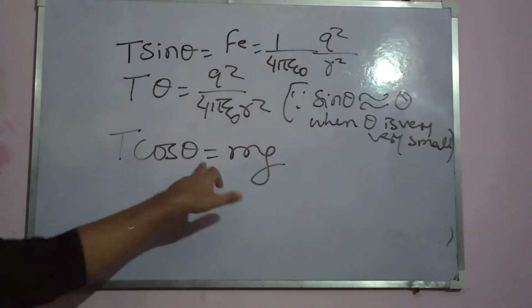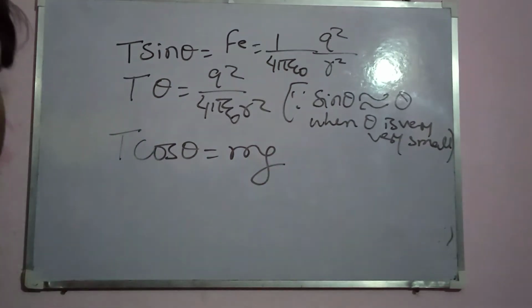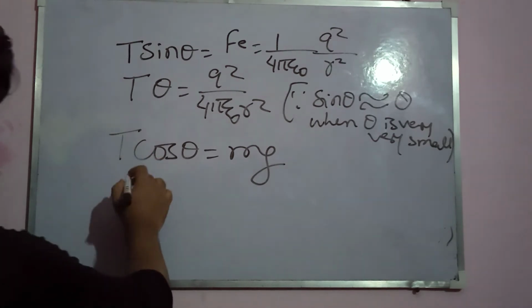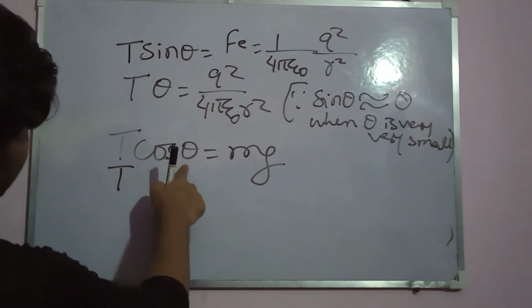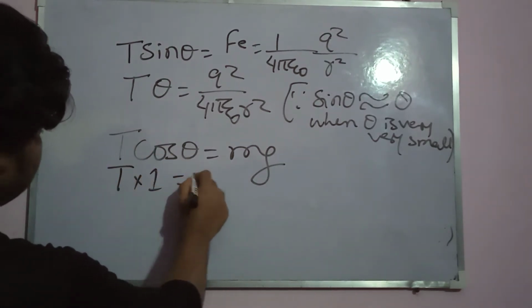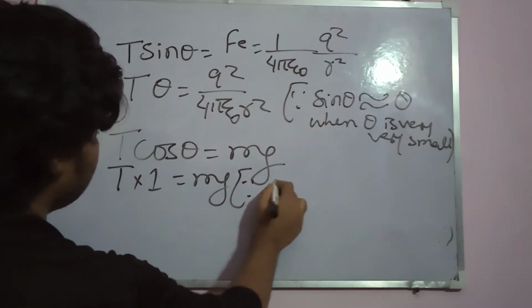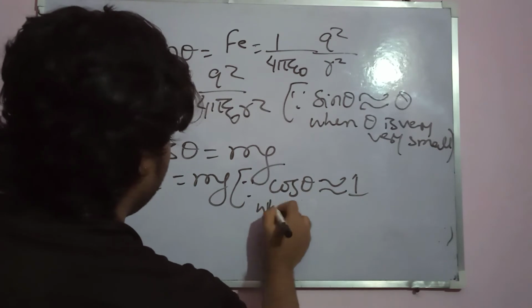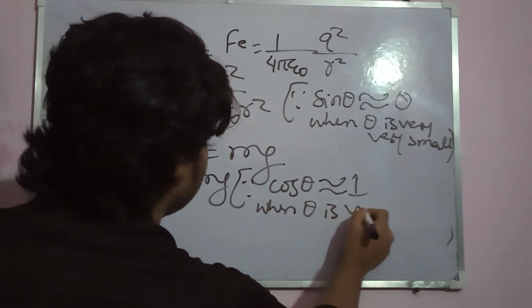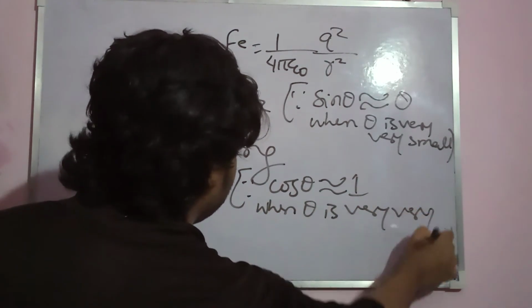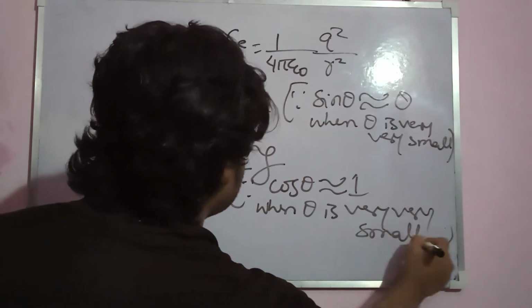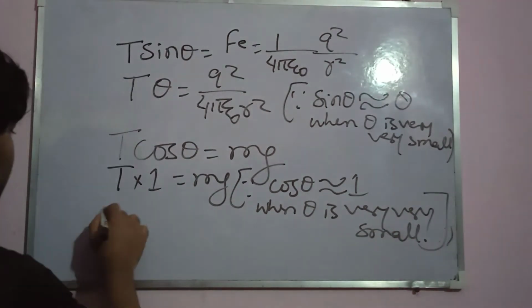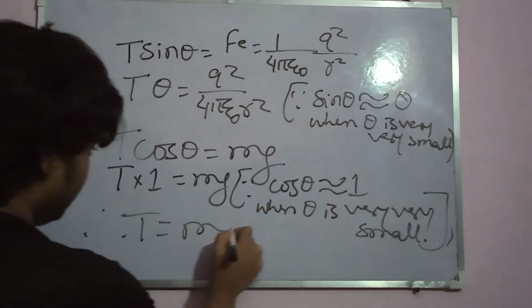This factor remains equal to mg. At a very small angle, cos theta is equal to 1 when theta is very, very small. So we have the value T equal to mg here.